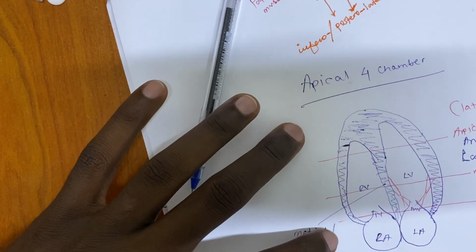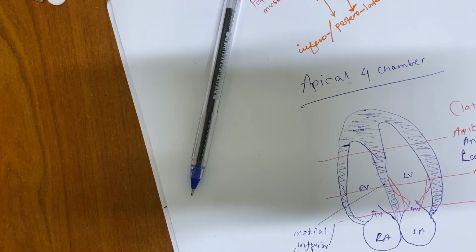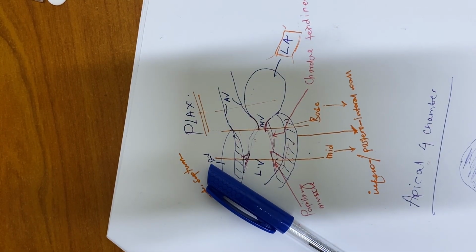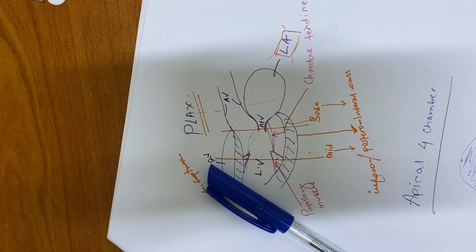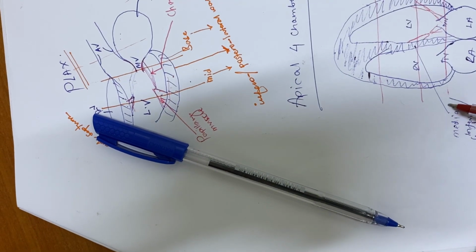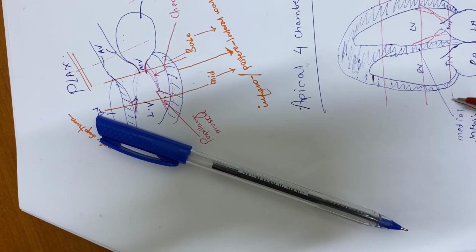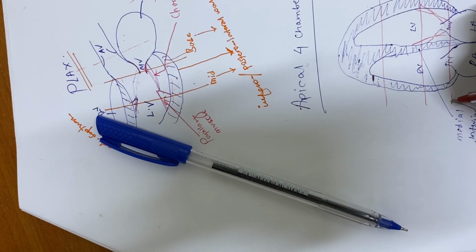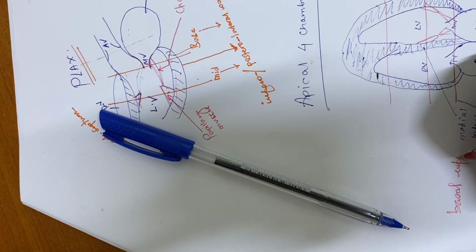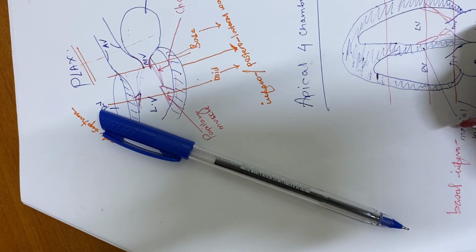So now I'll name this side. This is basal inferoseptum, basal inferior septum.